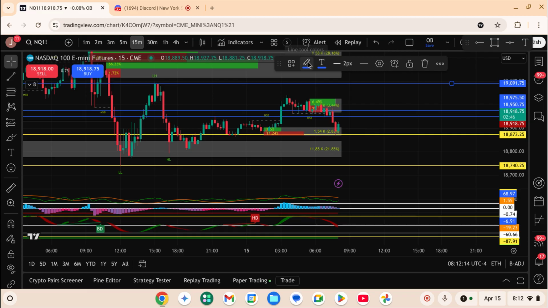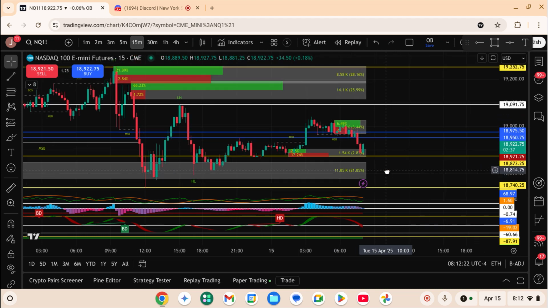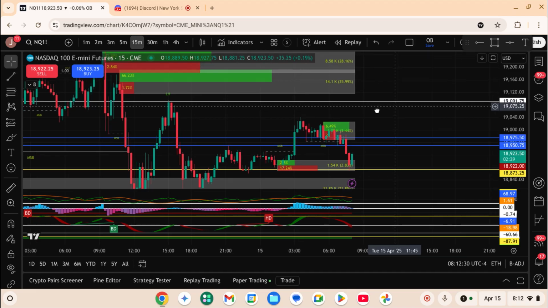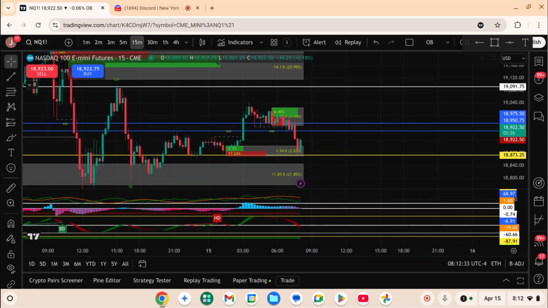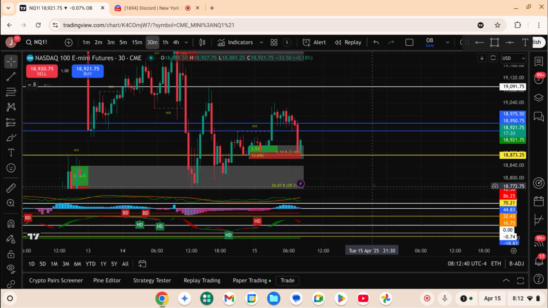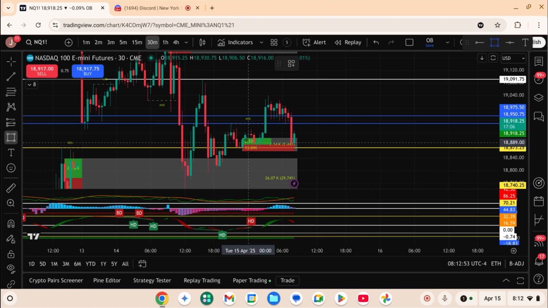Let's turn that white. I'm gonna draw this order block up on a half hour. We'll use this order block.